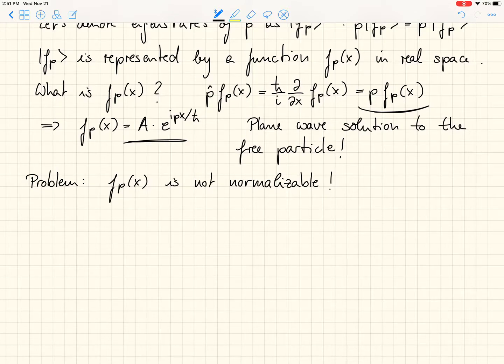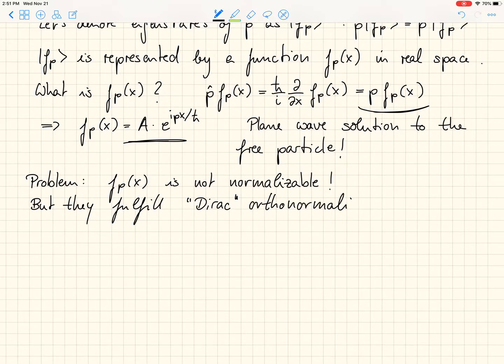But they do fulfill something that we call Dirac orthonormality. And that refers to the following property.